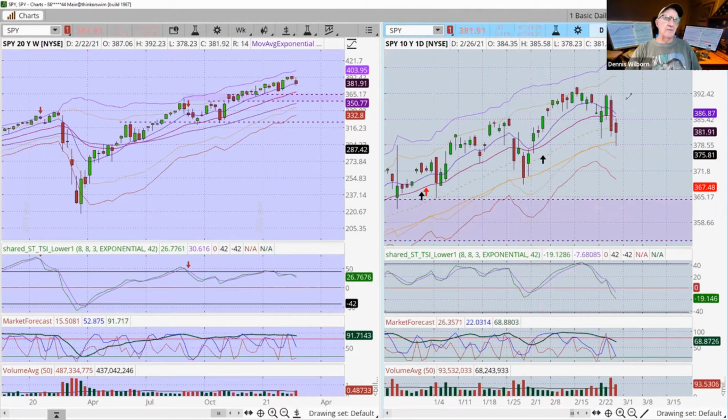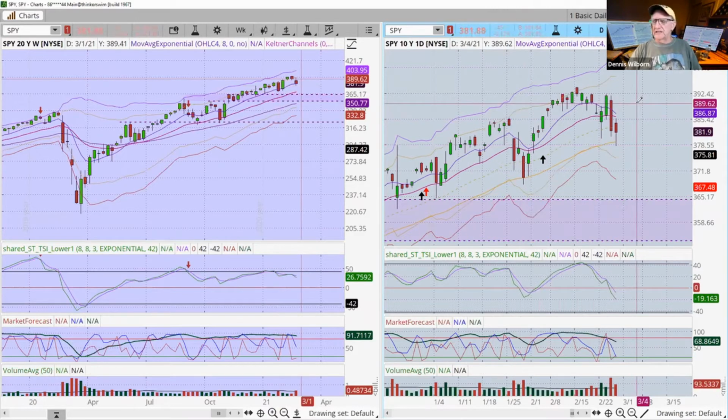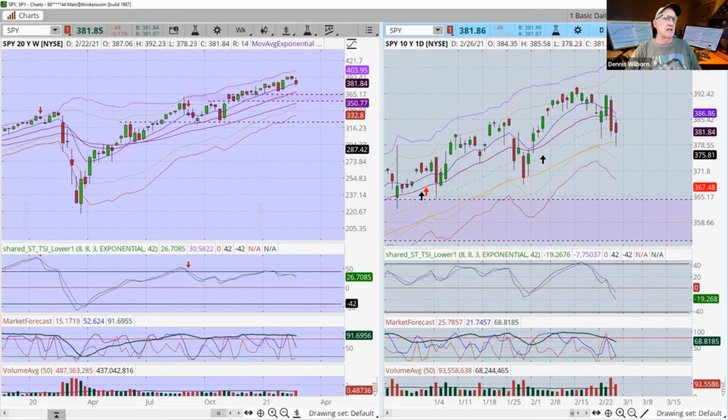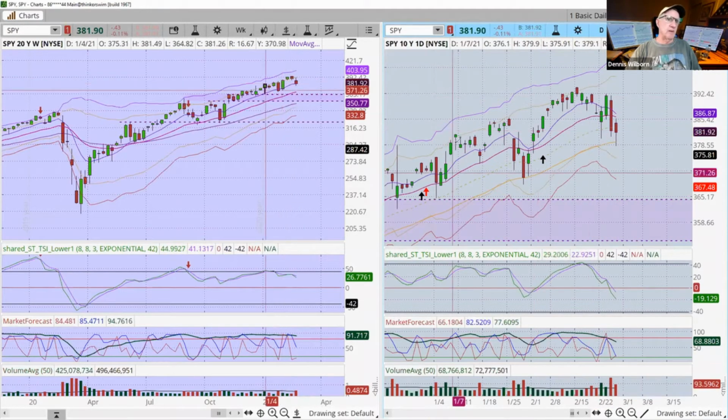One of the things of note that I will show could be a confluence of clues for a potential further drop in the markets, and that is Tuesday, Wednesday, Thursday, and Friday of this week. What do you see that's different from the previous uptrend?